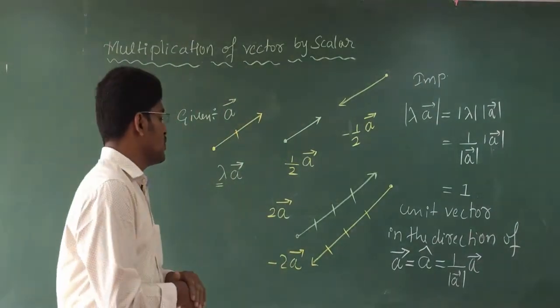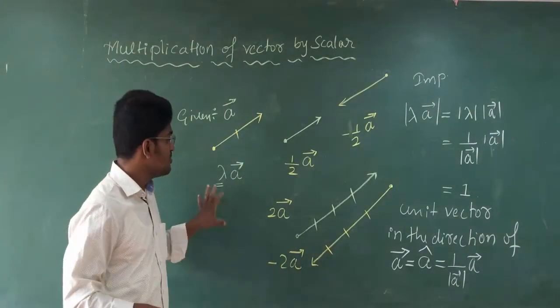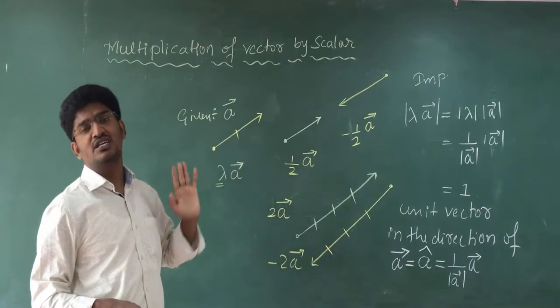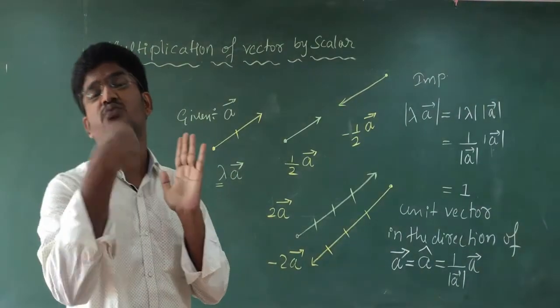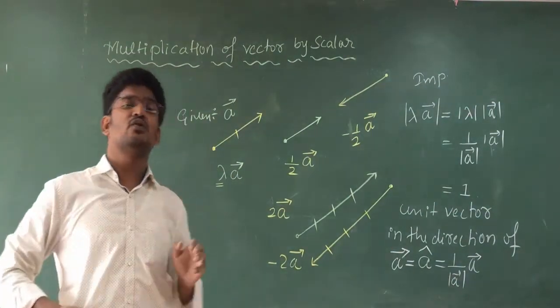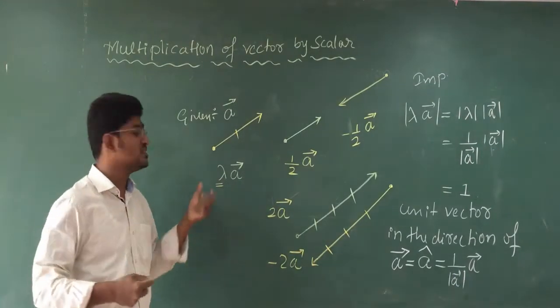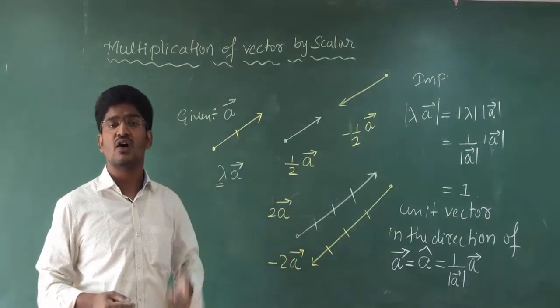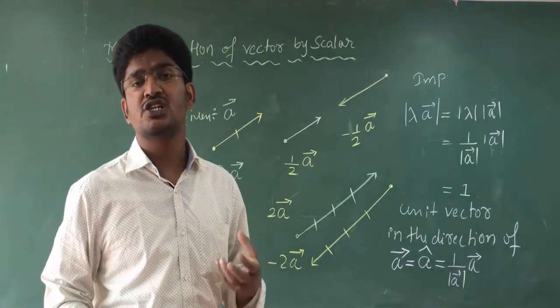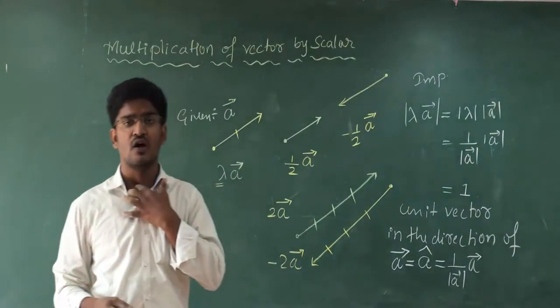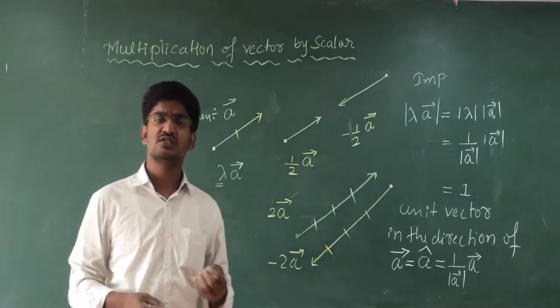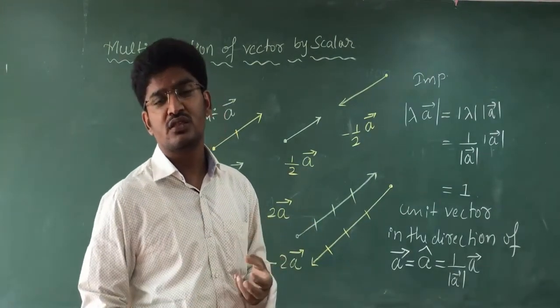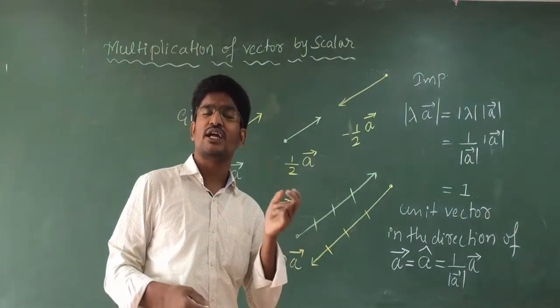Clear? So you remember that formula, you remember the logic. If any vector is multiplied with a scalar, what happens with the vector? That logic you have to remember. Don't try to memorize the theory from your textbooks. You understand the logic of vector addition with the triangular law. You try to understand the logic of the parallelogram law of vector addition.